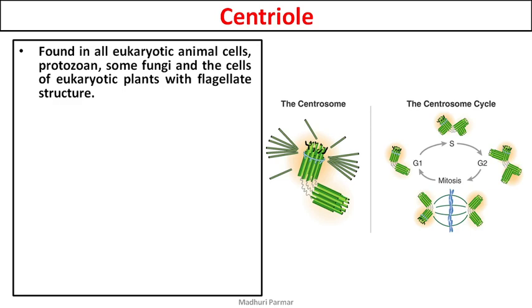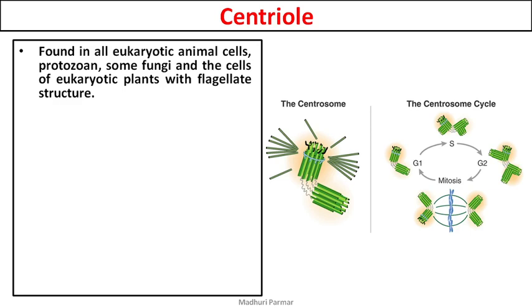And some fungi have them. Then eukaryotic plants that have flagellated cells, for example the zoospores we were talking about, or spermatocytes which are moving around. If they are moving around, that means they have flagella, and for flagella you require a centriole.